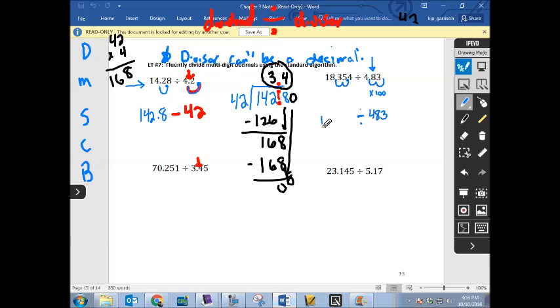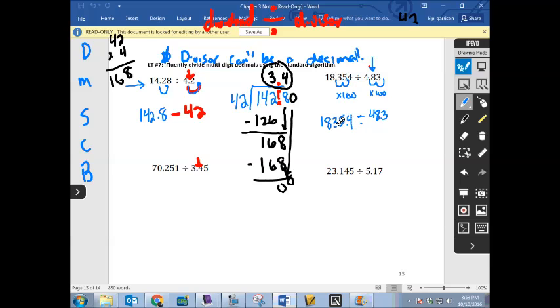So that's going to become 18.3. Oops. Just said it and I wrote the wrong thing. Okay, it's going to become 1,835.4, because we're moving that decimal. So that's all that changed. The numbers don't change. Nothing changes.